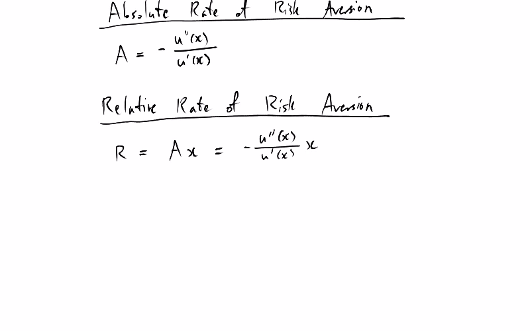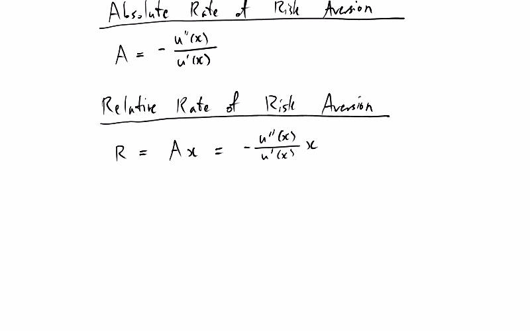One way of looking at it is this. Absolute rate of risk aversion means that you have a constant dollar amount you want to invest, regardless of your wealth. Relative rate of risk aversion, on the other hand, means that you have a constant fraction of your wealth you want to invest. So since Bill Gates is so much wealthier than I am, even if we both have the same relative rate of risk aversion, we could be investing vastly different amounts of money because he is richer.